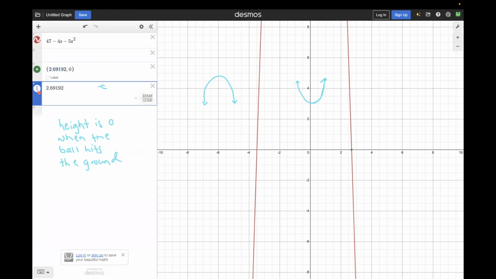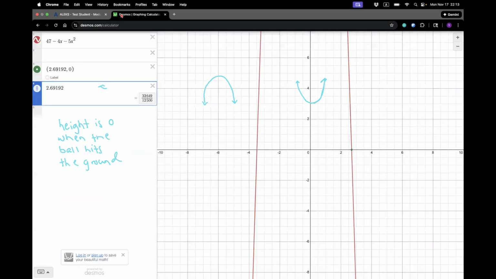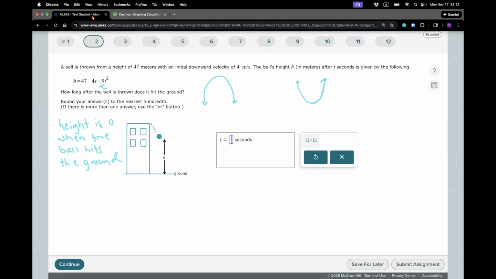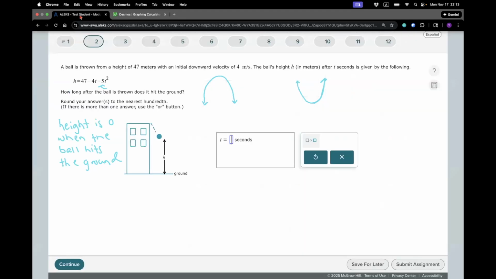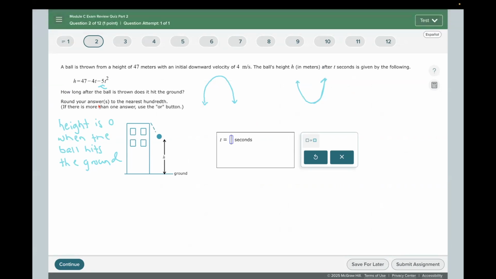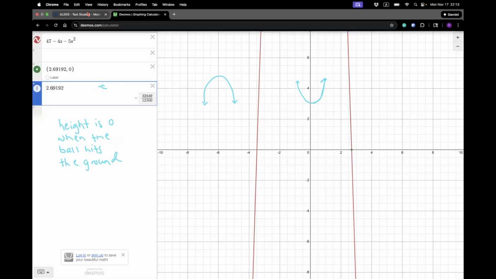Maybe it's something nice. Nope. Did I type this incorrectly? 47 minus 4x minus 5x squared. Do they want us to round it? Oh, yes, round your answers to the nearest hundredth. Okay, very good. So to the nearest hundredth, it'll be 2.69 seconds.